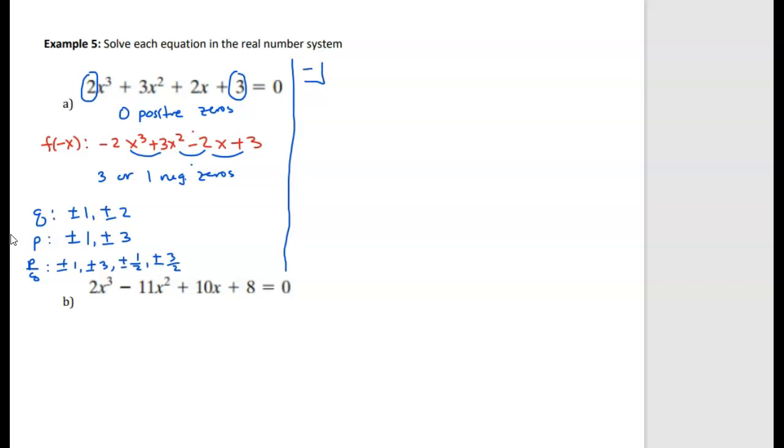So let's put a -1, list the coefficients, 2, 3, 2, 3. We have 2, -2, 1, -1, 1, -1, 2. Alright, so that doesn't work. Alright, erase and try again.